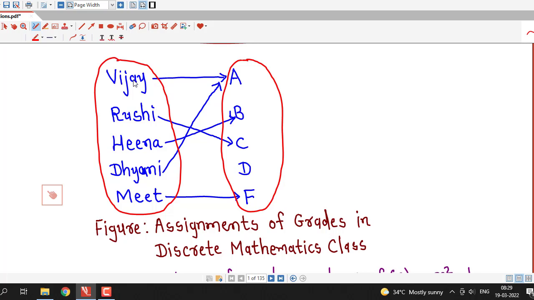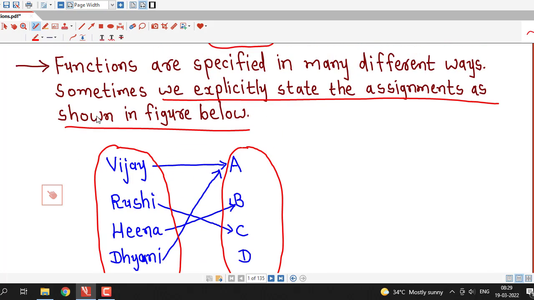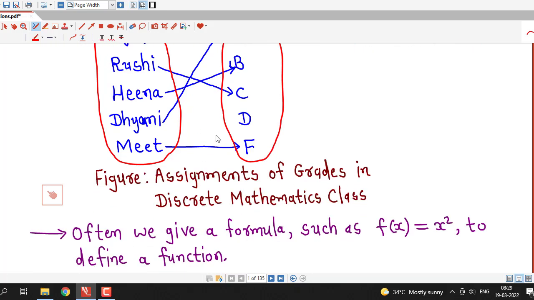So this student Vijay is assigned A grade, Rusi is assigned C grade, Hina is assigned B grade, Dhyani is assigned A grade, and Meet is assigned F grade. So this is one way of defining or representing a function. If we have finite sets, then we can represent a function in this way.